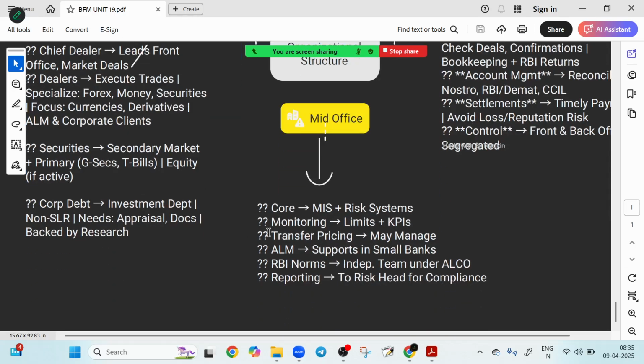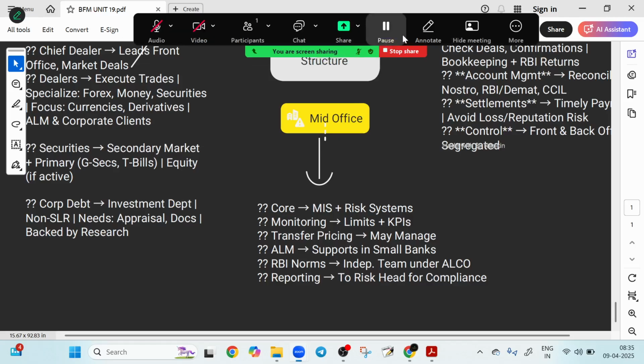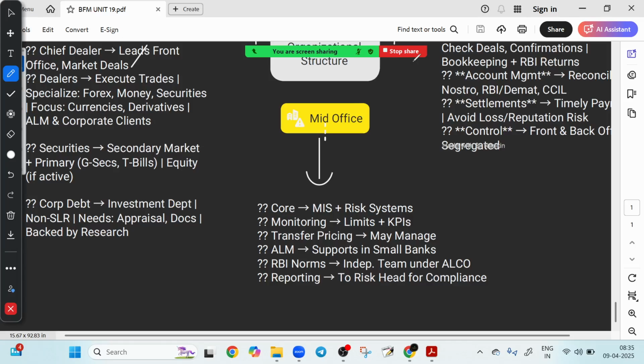If you look at the mid office, it is the brain that monitors risk and compliance, right? So basically this is the watchtower of the treasury, tracking risk, performance and compliance. It manages MIS, management information system, and risk system, ensuring KPI monitoring, key performance indicator monitoring, and setting the trading limit.